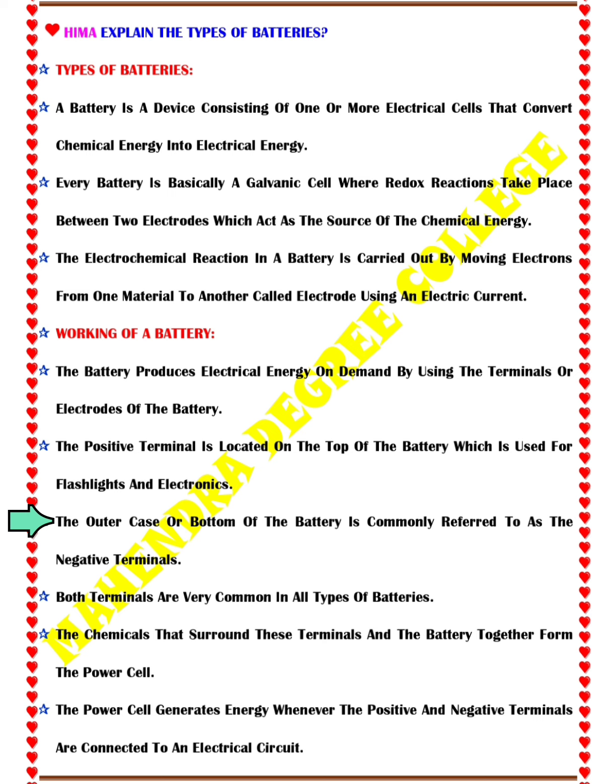A battery has one negative terminal and one positive terminal. The negative terminal is the source of electrons when the battery powers a device. In many dry cell batteries, this terminal is located at the bottom of the battery.